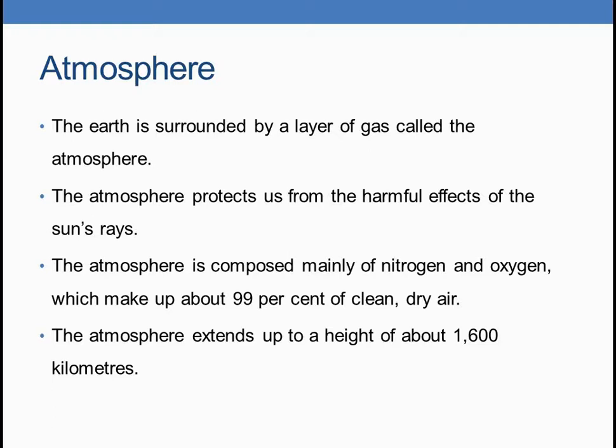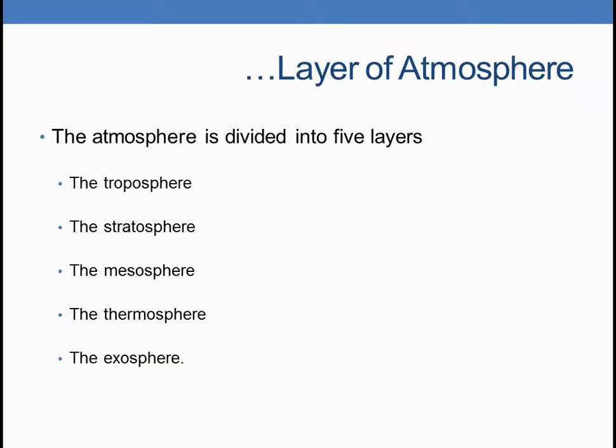The atmosphere extends up to a height of about 1600 meters. So, the layers of the atmosphere are the troposphere, the stratosphere, mesosphere, thermosphere, and exosphere, isn't it? Yes. Let's see all these one by one.